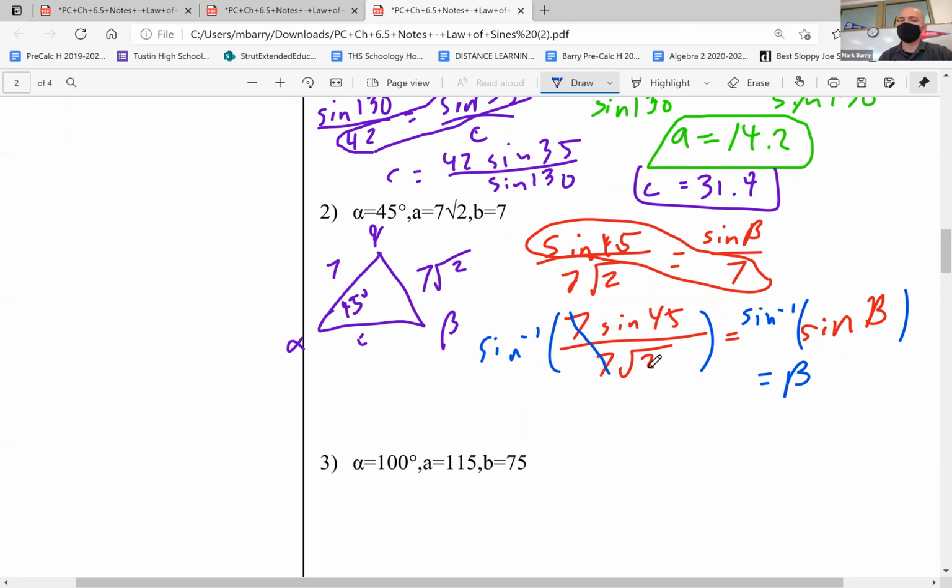Anytime you're looking for an angle in these, you should have to use a sine inverse. When I typed this into the calculator, I got 30.